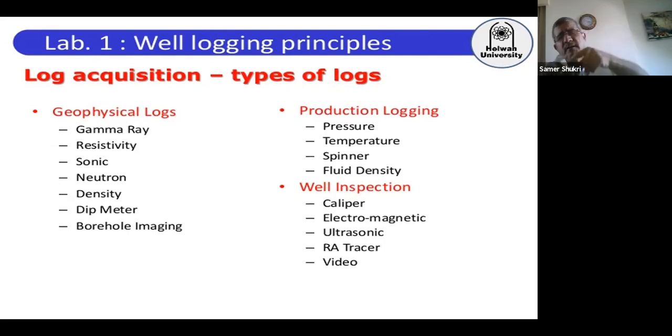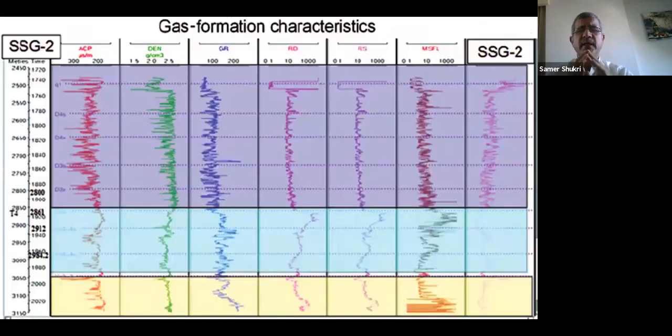If you have a cut in the tubing, it can also discover it. Electromagnetic, ultrasonic, RA tracer. You see, there is much variety of logging types, tools, principles, procedures. All of these, you have in this. The subject cannot be covered in 1 or 2 courses, I think. It takes too many days and too many lectures to be covered.